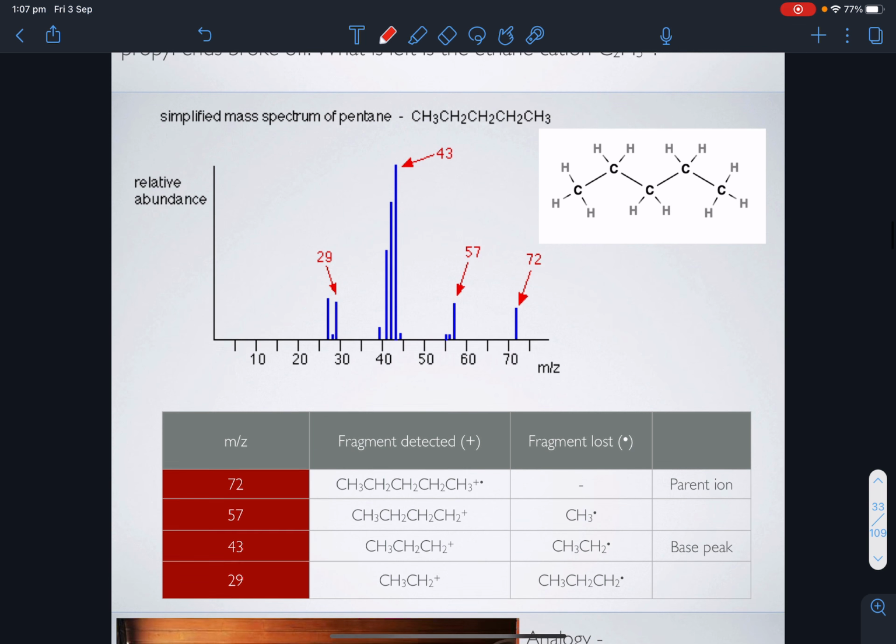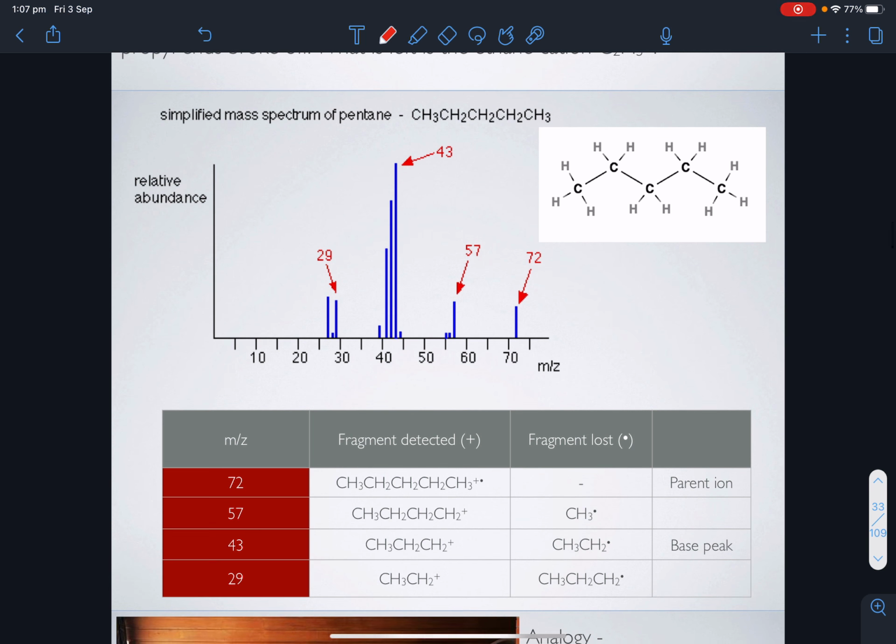So here I'm just presenting that information in a nice handy table. Sometimes you'll see this, sometimes you might be able to fill it in. What we've listed is the mass to charge of the major peaks, and we've determined the fragment that's been detected, okay, the positive fragment here. So for the 72, it was just the parent ion, the parent cation. And then for 57, it was the loss of a CH3.